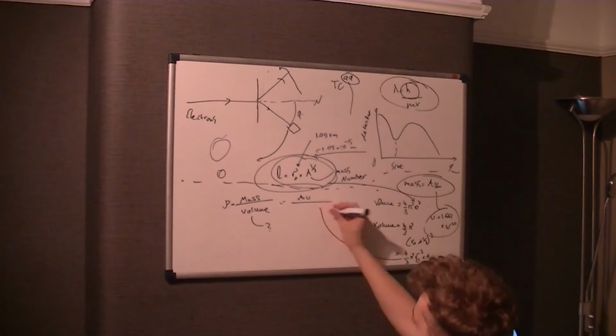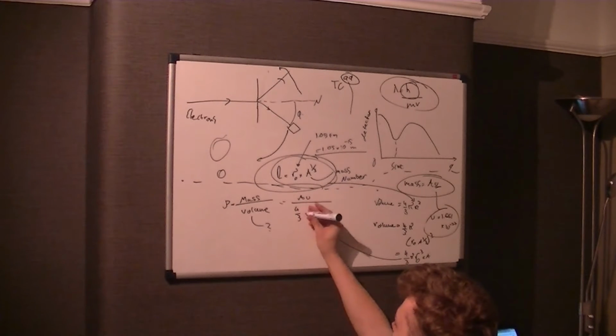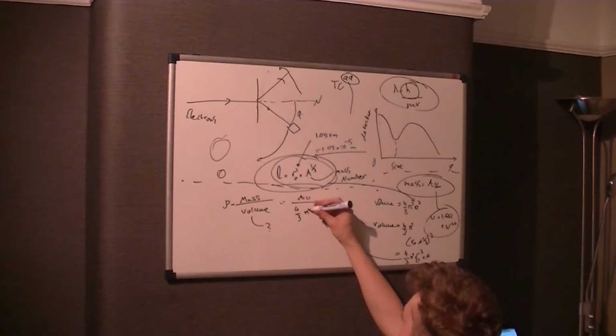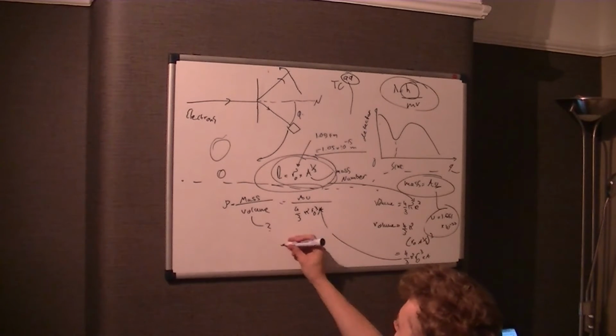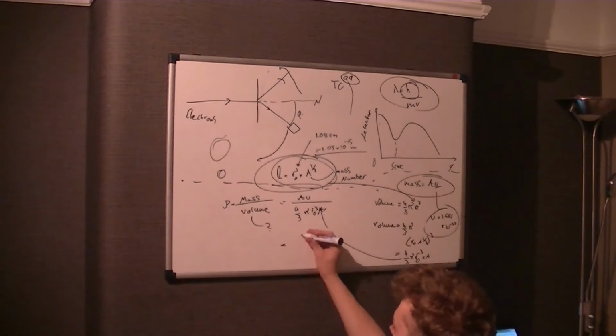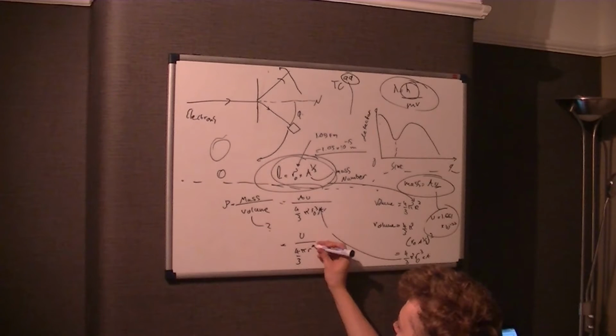So you would sub that in to the volume, and you can quite clearly see if you do 4/3 pi r0 cubed a into that equation, obviously the a's would cancel, so therefore you'd be left with u over 4/3 pi r0 cubed.